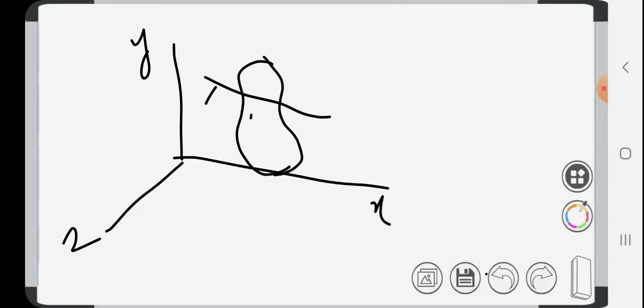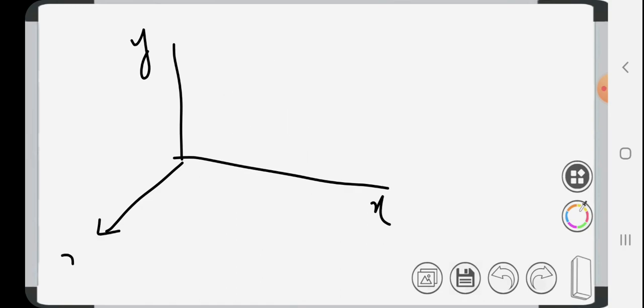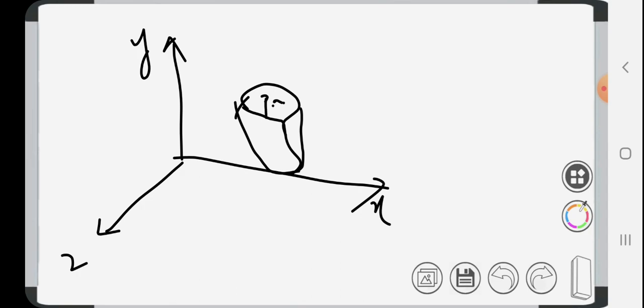So if you cut this plane, this is our point. If this normal is the n vector and the stress is in this direction, there may be some planes in which the t vector will be in the same direction as the normal vector.